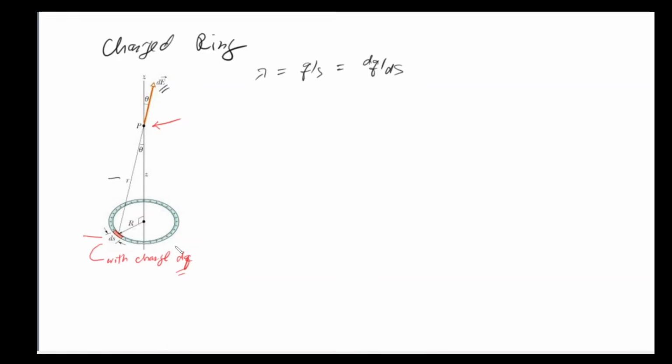Then we need to find the components of the electric field, dE, that pass through P. We can then cancel out all the horizontal components due to opposite signs.